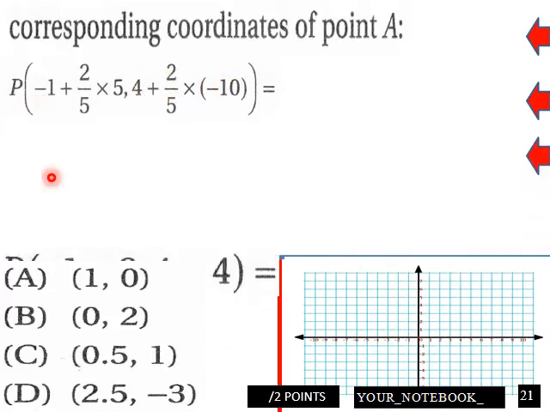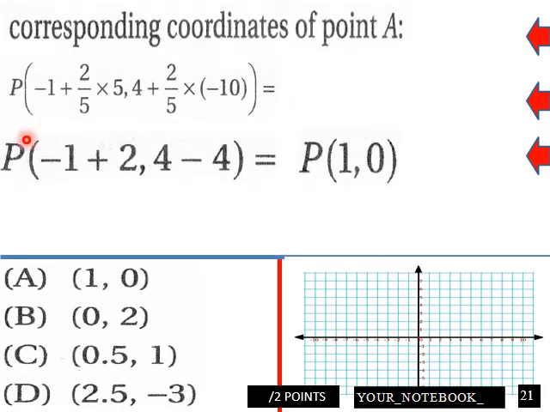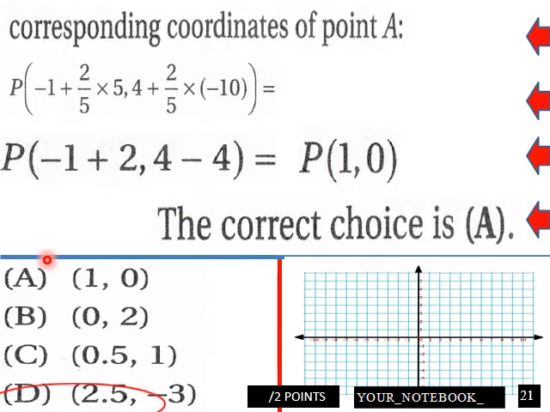Then point P would be -1 plus 2, and 4 minus 4, which equals (1, 0). The correct choice would be A.